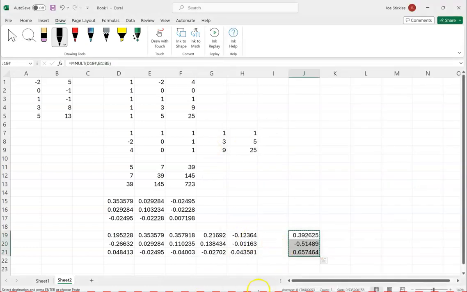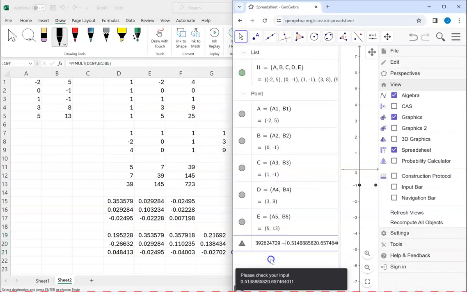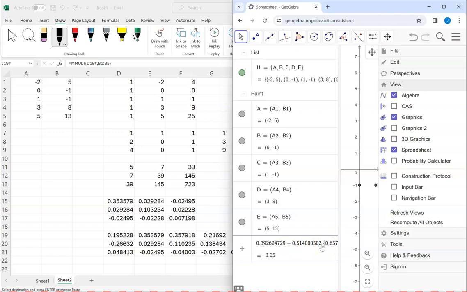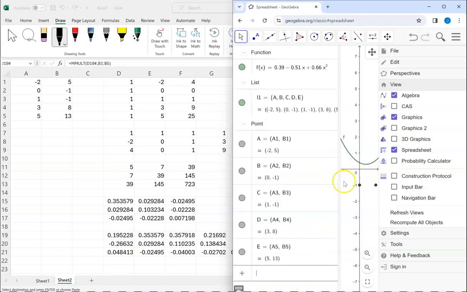Make sure I have the right ones. 0.645. Okay. So the first value is 0.39. Is that right? And the second value was that one. It'll be times x. And the next one was a plus that times x squared.